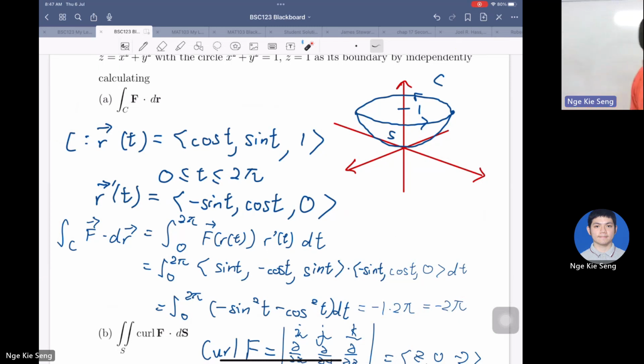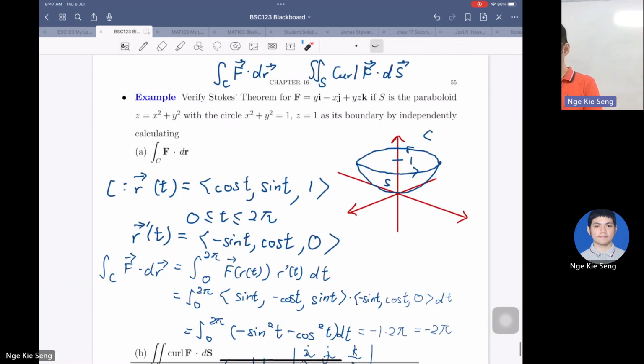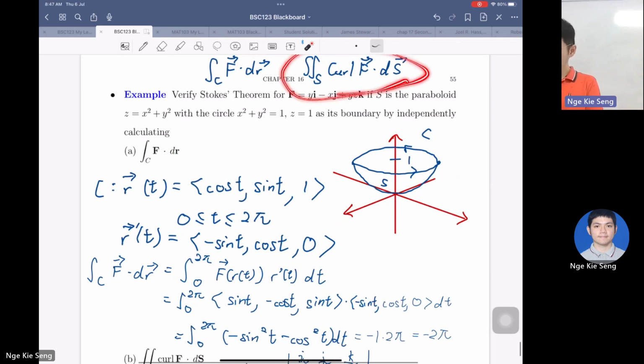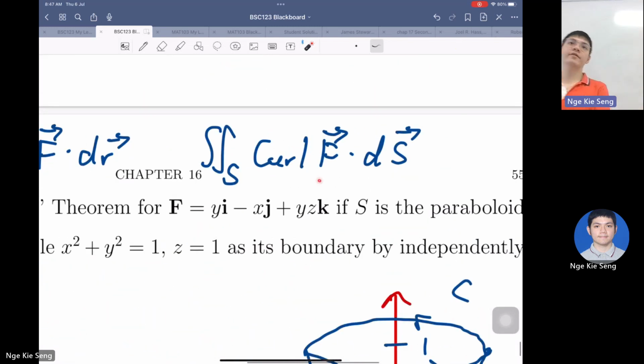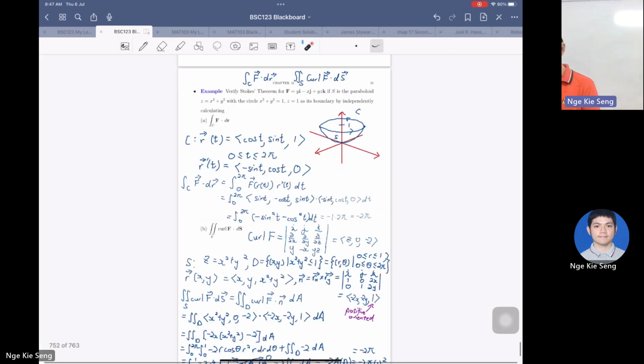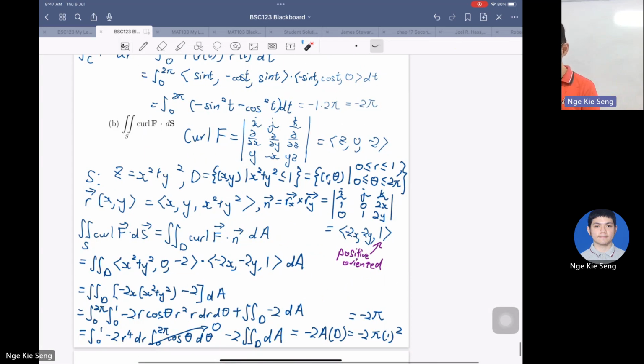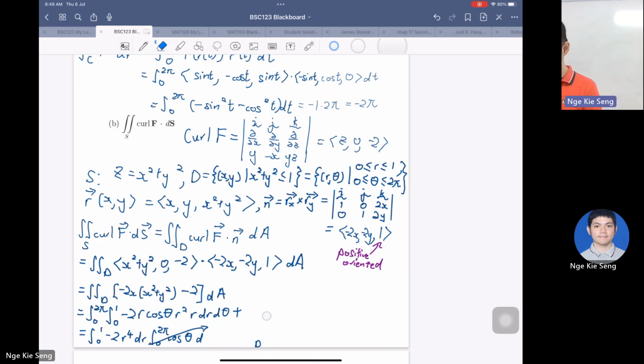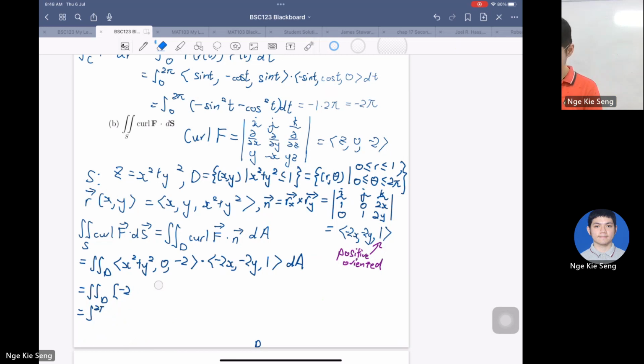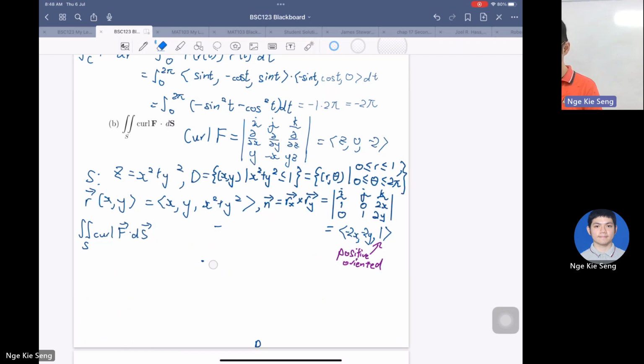But we haven't finished computing the surface integral of curl F. So let's compute this. Let's get rid of this thing here.